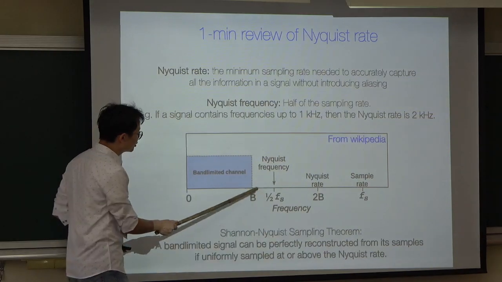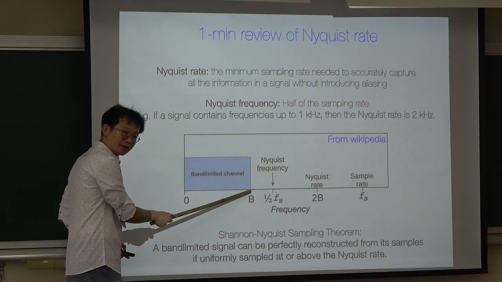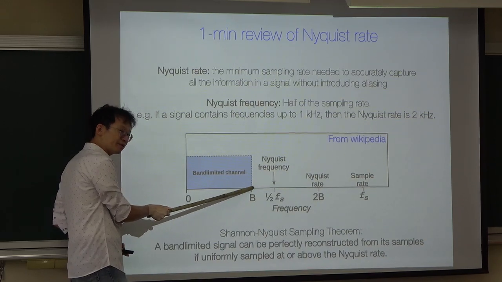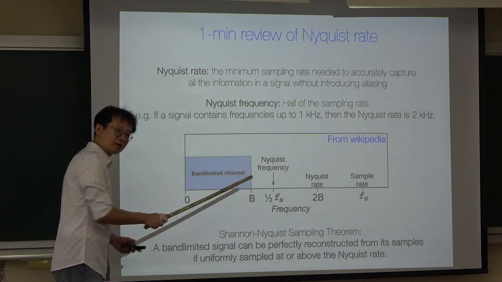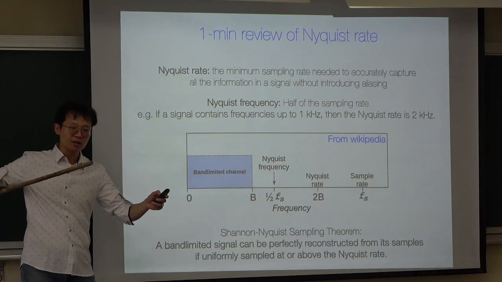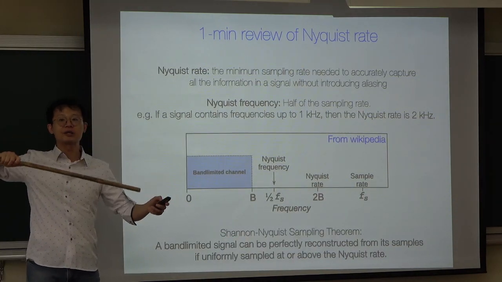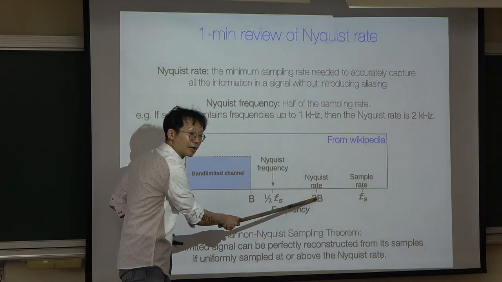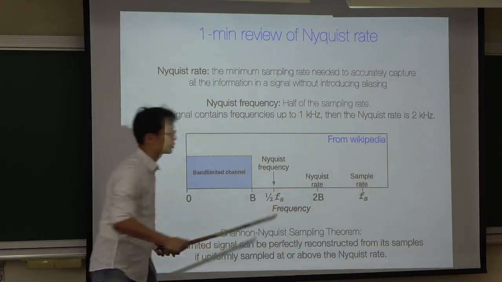In some sense, for the fastest component cycle, you have to sample at least 2 times per cycle. That is essentially what it says: 2 points per cycle.